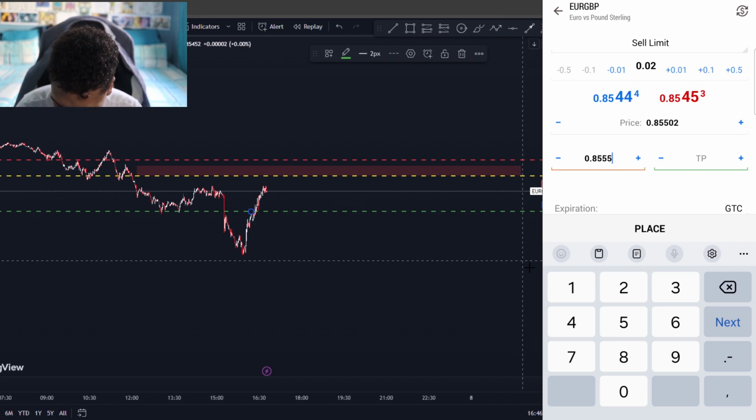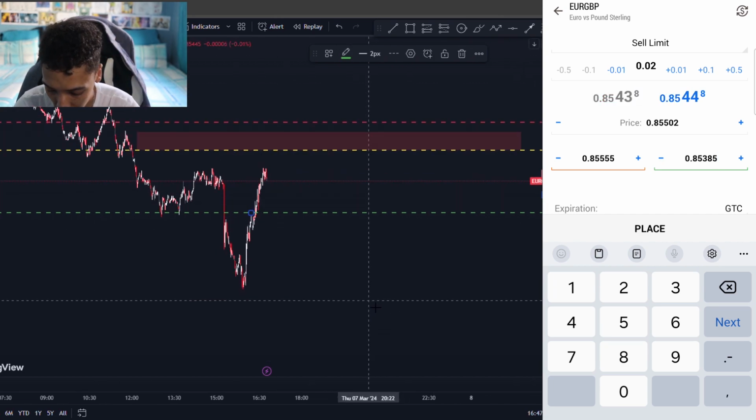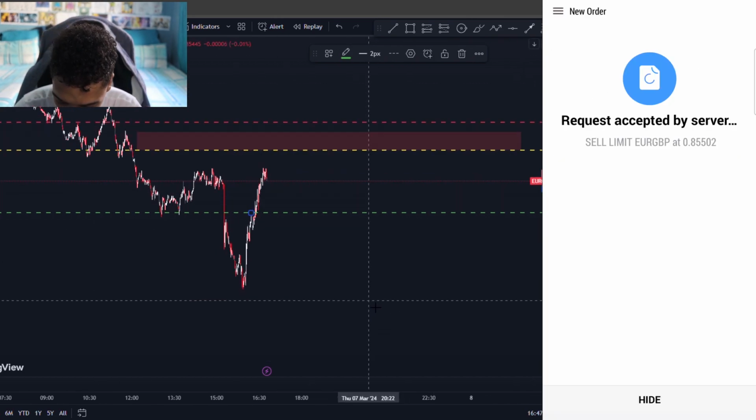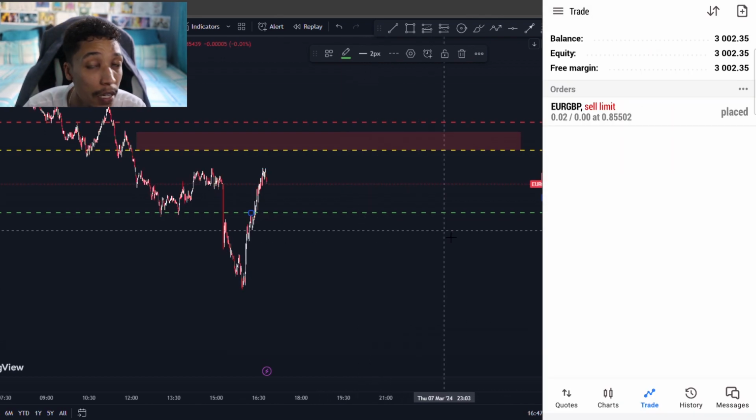Oh damn, 4 5s. 0.8535. Okay then, place the trade. Trade placed, that's trade number 1.